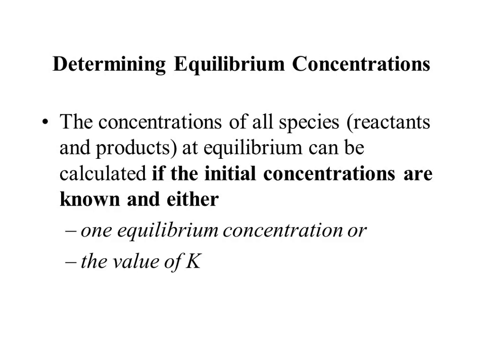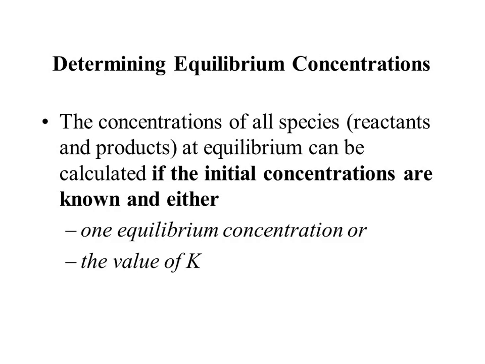So if you're given the initial concentrations of everything, and the equilibrium concentration of one of your species, a reactant or product, you can deduce the equilibrium concentrations of everything. That's awesome.